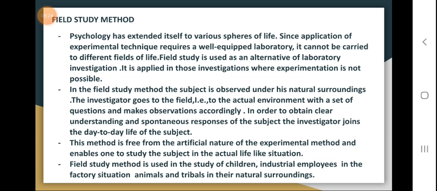This method is free from the artificial nature of the experimental method and enables one to study the subject in the actual lifelike situation. Field study method is used in the study of children, industrial employees, in the factory situation, animals and tribals in their natural surroundings.